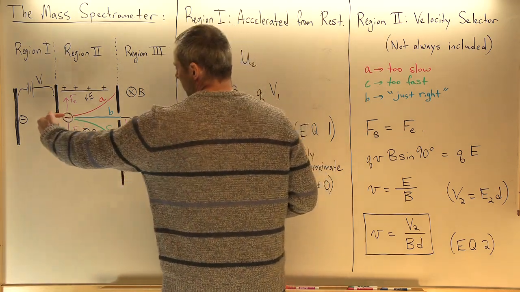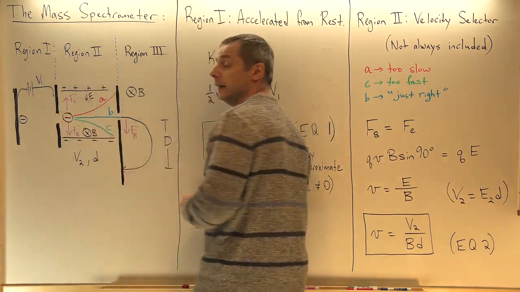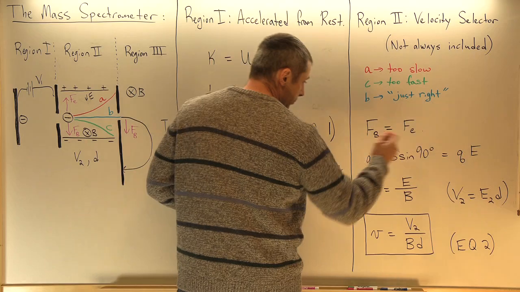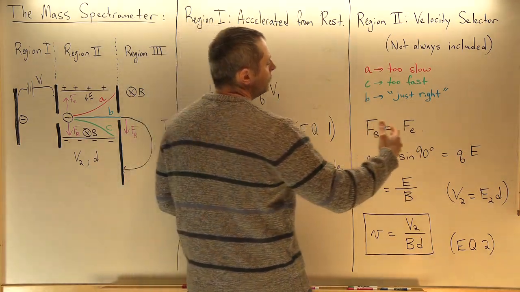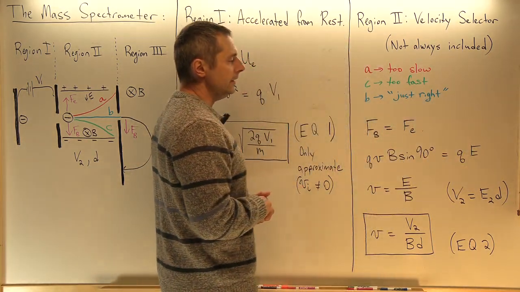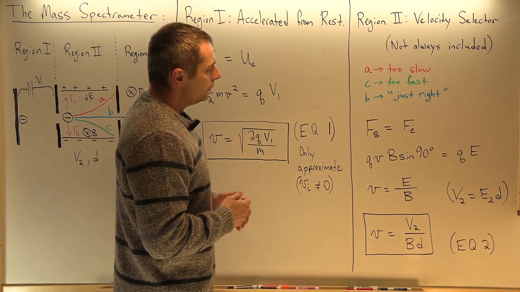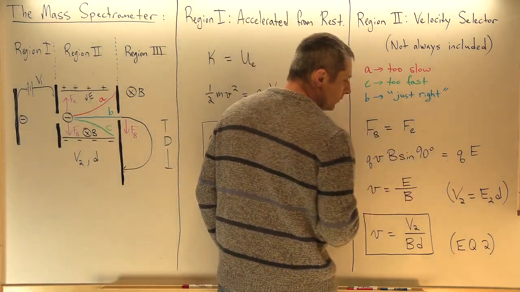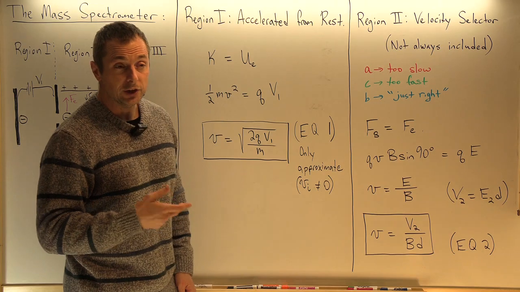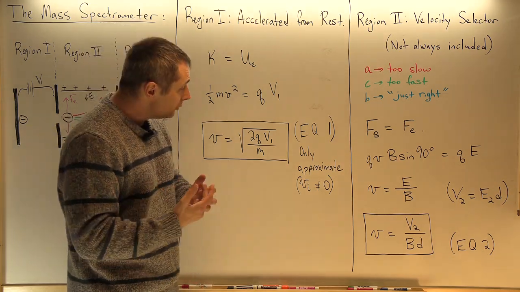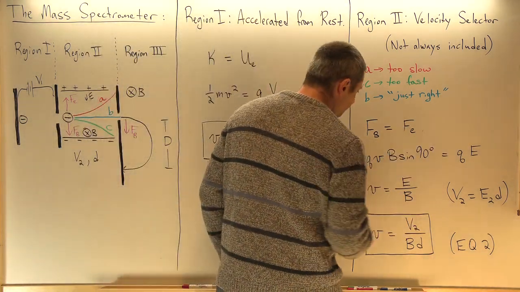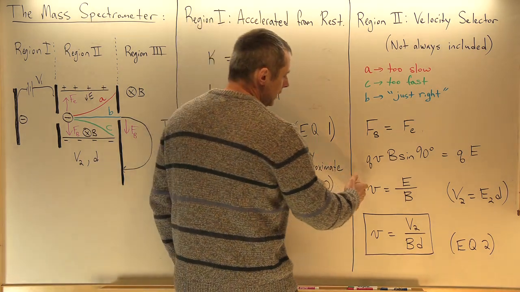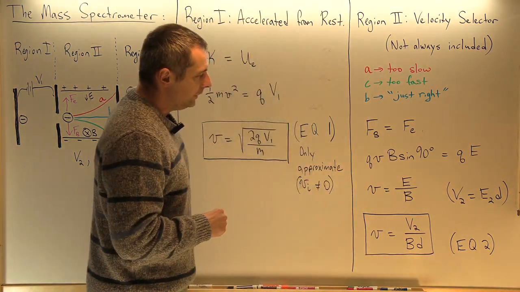Of course, the velocity here and the magnetic field are 90 degrees to each other, so that's why I put in 90 degrees there. And the electrical force is simple, just QE, that's the magnitude. Notice the charge of the ion drops out, so whether it's doubly charged, singly charged, triply charged, doesn't matter, the charge drops out. And then the speed is the electric field over the magnetic field.